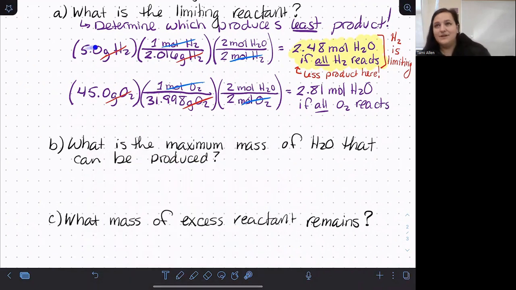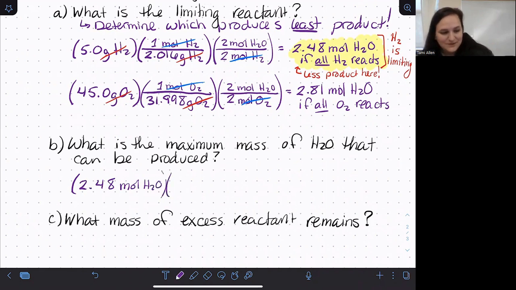If you had done this all the way through to grams up here, you would literally already have the answer in front of you. So we ended up having to do that math eventually, but we only have to do it once instead of twice now. So we know that our limiting reactant allows us to produce 2.48 moles of water.